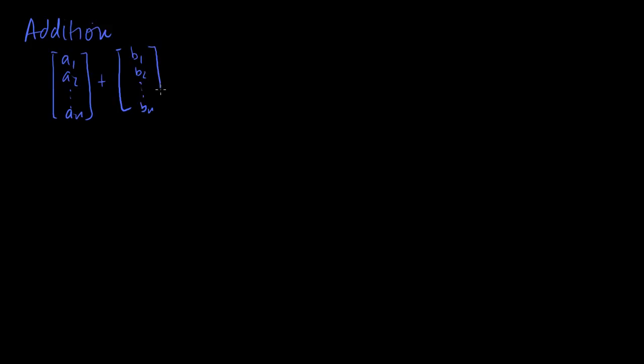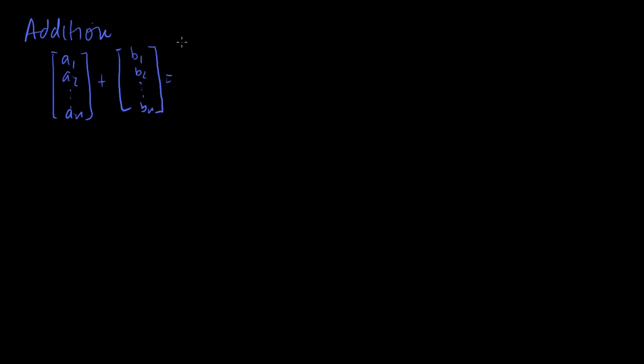We've already made a few definitions of operations that we can do with vectors. We've defined addition in the context of vectors, and you've seen that. If you just have two vectors, say a1, a2, all the way down to an, we define the addition of this vector and some other vector, b1, b2, all the way down to bn, as a third vector.